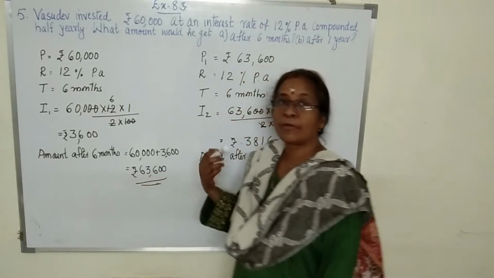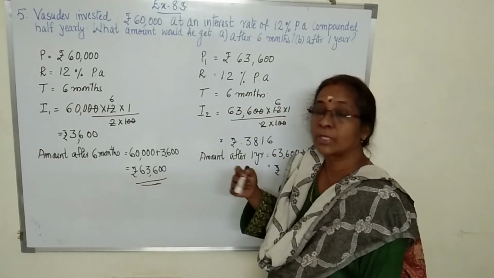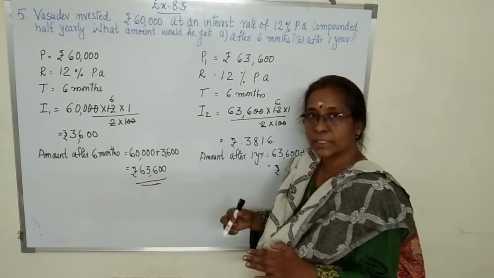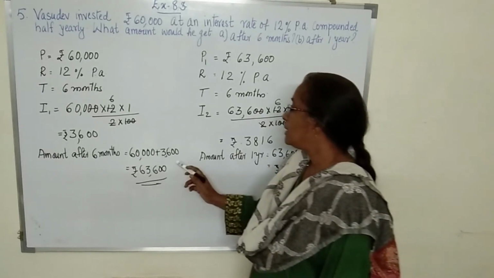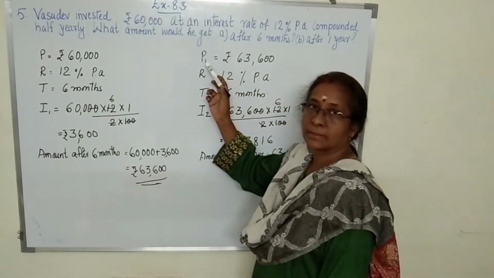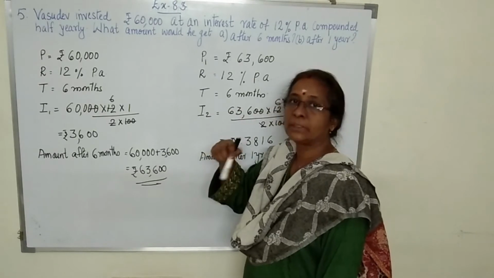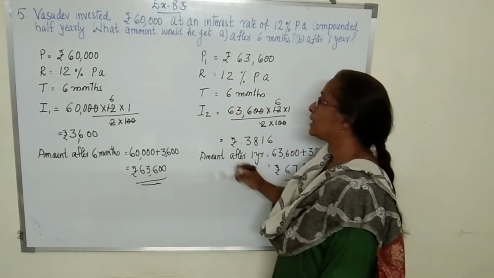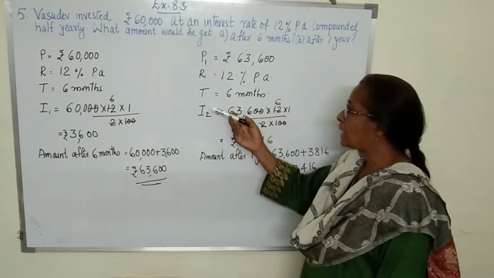Now if you have to find the total sum after 1 year, that is after the first term, when the second term starts, this will become the principal. So the principal after 6 months will be 63,600. Rate of interest is the same, time period also.